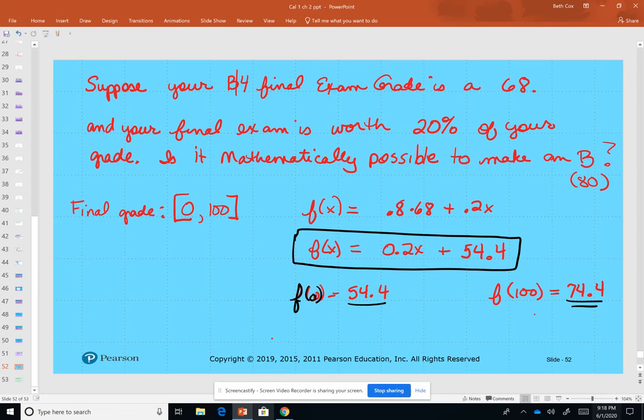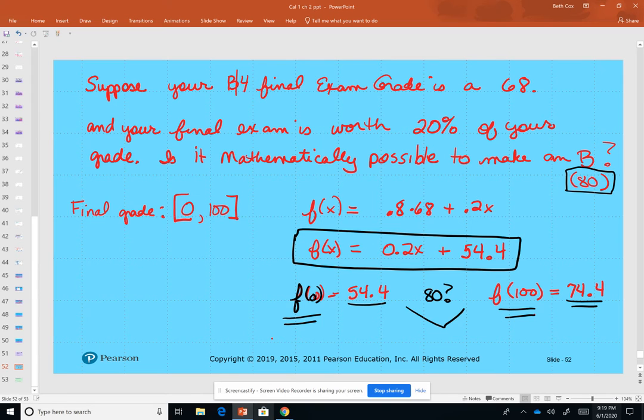Now, those of you in math, student-wise, oh, so it's not possible to make a B. Correct. It is not possible to make a B. There is no solution for 80 in this particular thing because 80 does not fall between the endpoints of our interval. So there is no solution to this problem between 0 and 100.